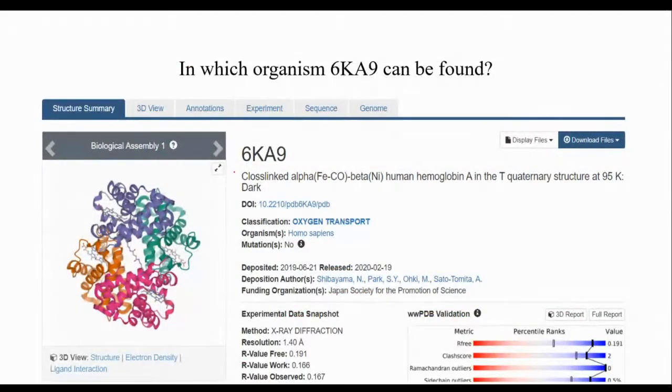All right, in which organism can this protein be found? If you go back to the first page when you search for this protein, then you will see here it's written Homo sapiens. Homo sapiens means that we are talking about human beings.